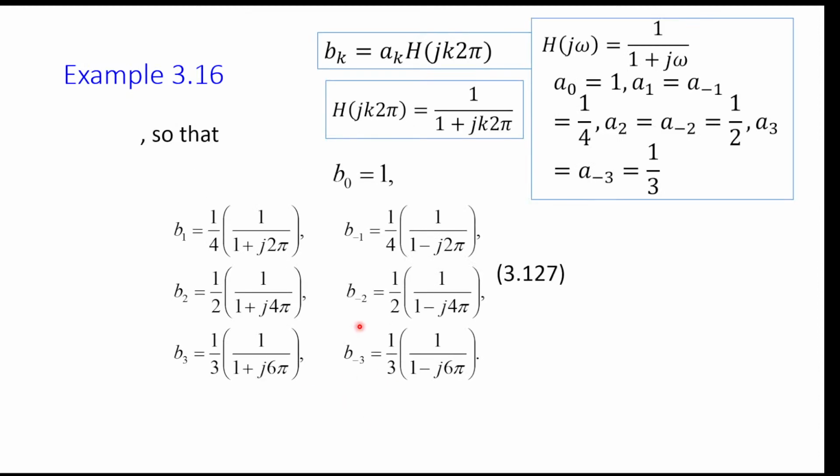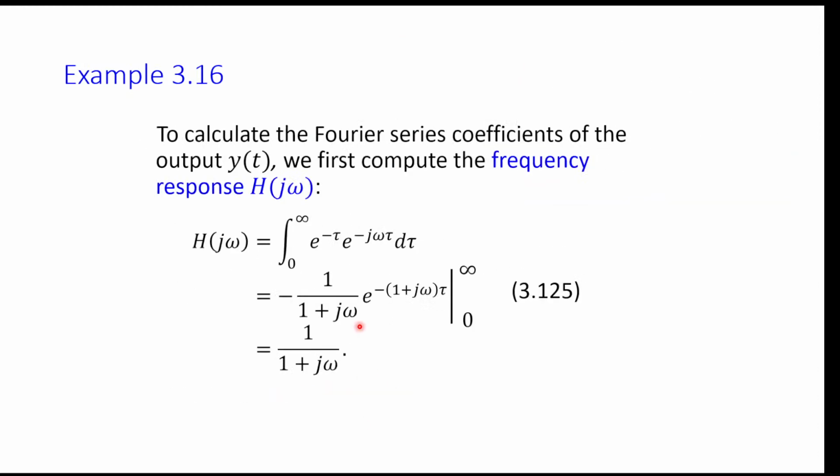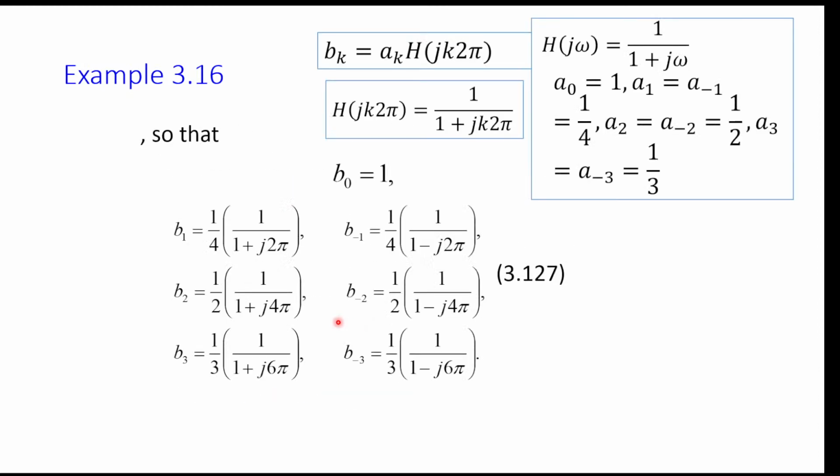Okay, so we are separating this into many pages, but anyway, here we combine everything. So b_k equals a_k times H of jk omega naught, and H of j omega is 1 over (1 plus j omega), so combining this with omega being k 2 pi, it is 1 over (1 plus jk 2 pi).